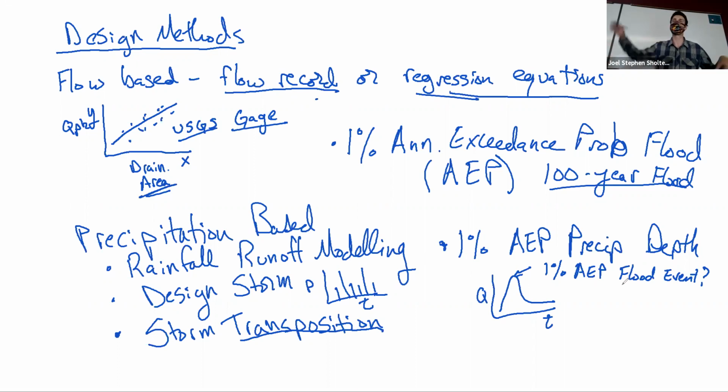Anything that rains on it will run off immediately, like pavement, which is what happened on the Front Range. So when we use this precipitation-based method, which we often have to rely on because we don't have good gauge data, we're adding more uncertainty, because it's indirect.